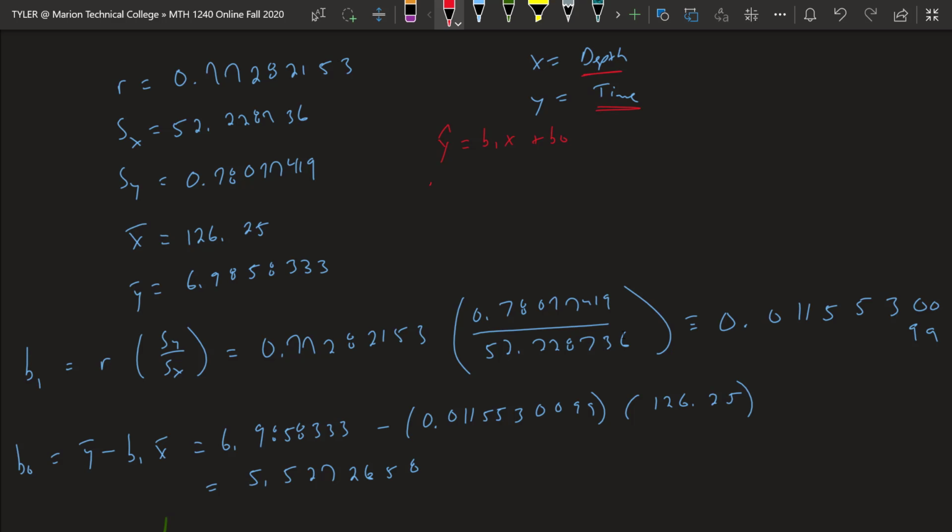So in other words, we would have time hat equals b1, and I'm going to round to 3 decimal spots, so that would be 0.012, times the depth, plus b sub 0, rounded to 3 decimal spots, so that would be 5.527. Right, so that is my least squares regression line.